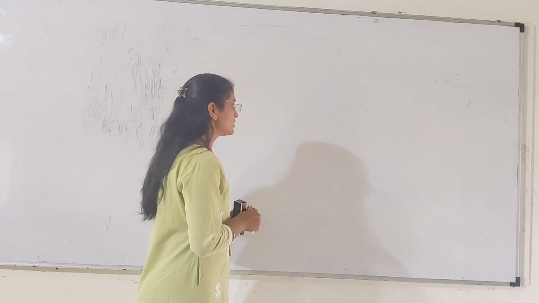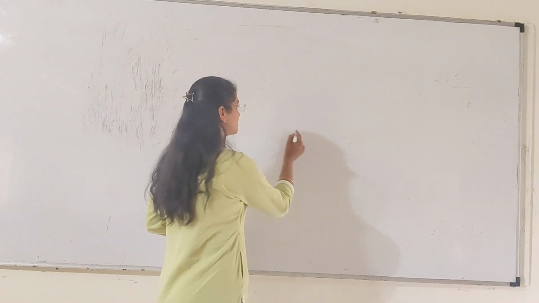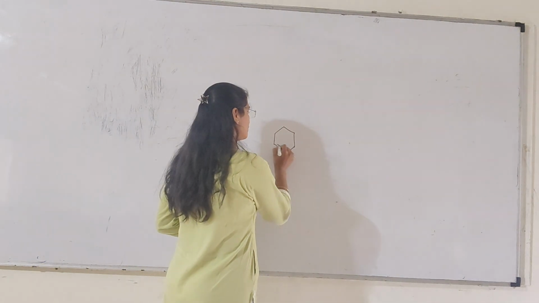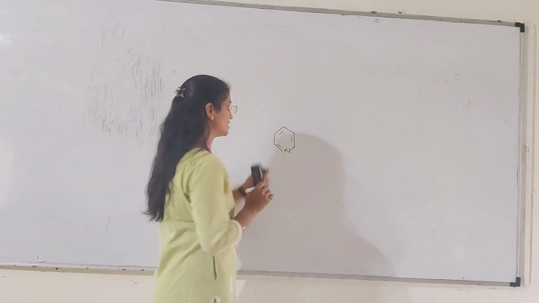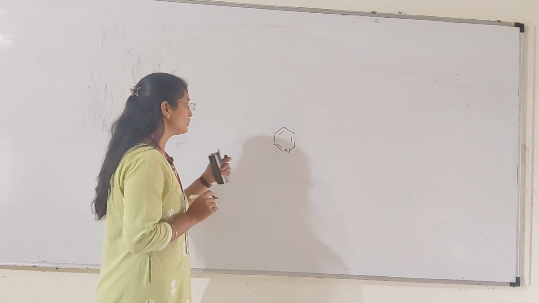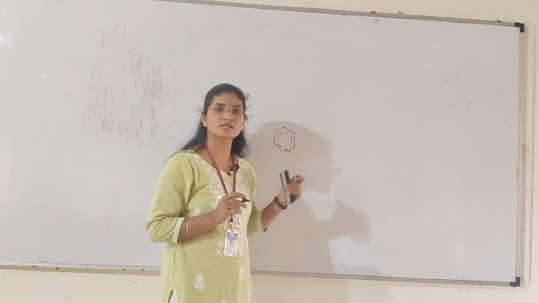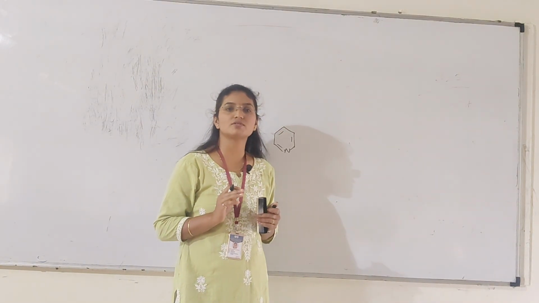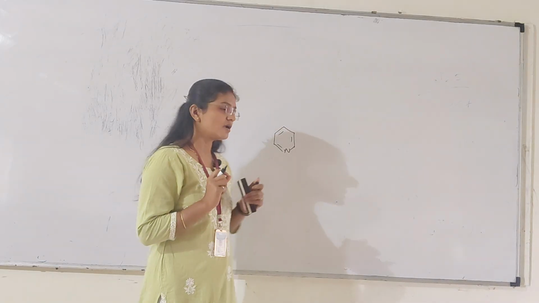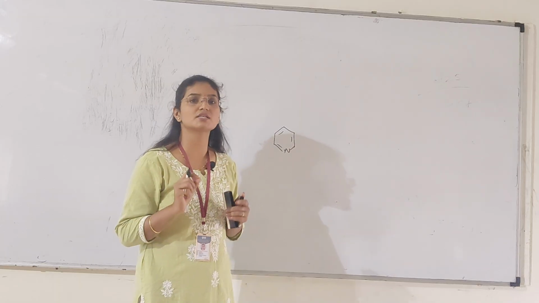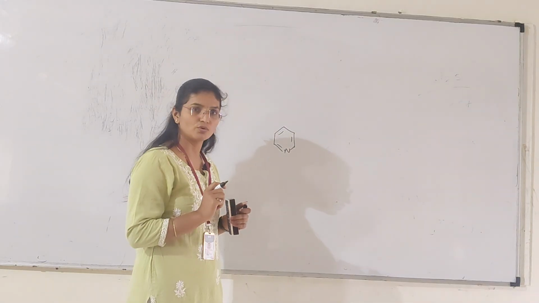First, if your heterocyclic compound contains only one heteroatom, see in this structure nitrogen is the heteroatom, then how is the numbering given to this ring? The first rule is that numbering always starts, or number one is always given, to the heteroatom.